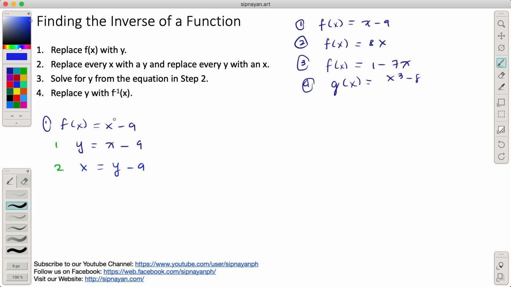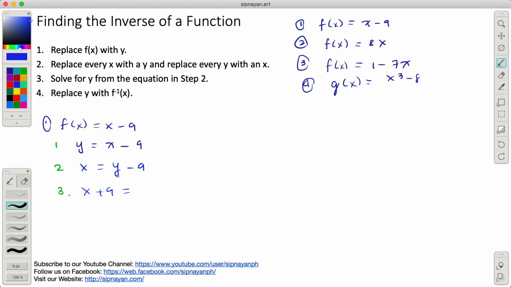And then, solve for y from the equation in step 2. Paano natin kukunin yung y dito? Dapat y na lang matitira sa kaliwa o sa kanan. So, magpa-plus ako ng 9 para mawala itong minus 9. Magiging x plus 9 equals y minus 9 plus 9.